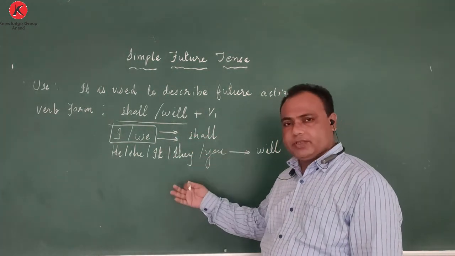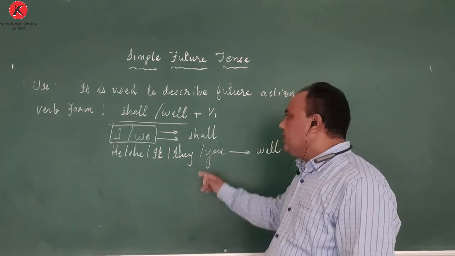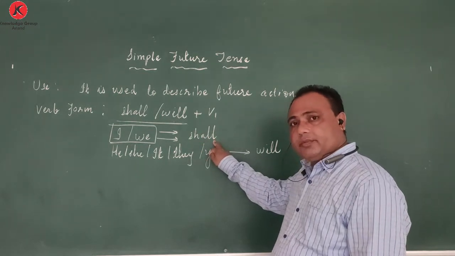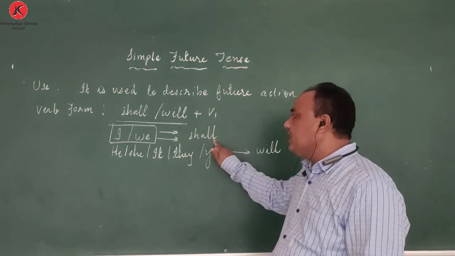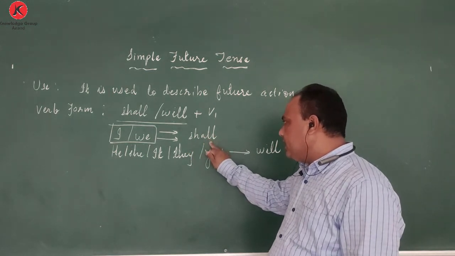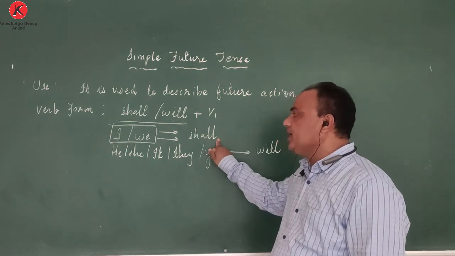Most of the people here in India do use it, but with I and we, most of the time you have to use shall. Occasionally we use will also to show strong determination.